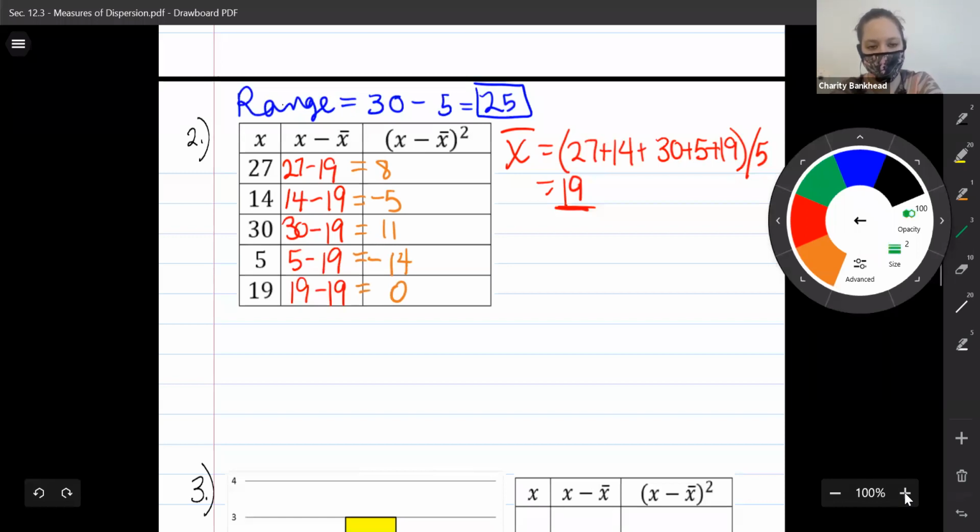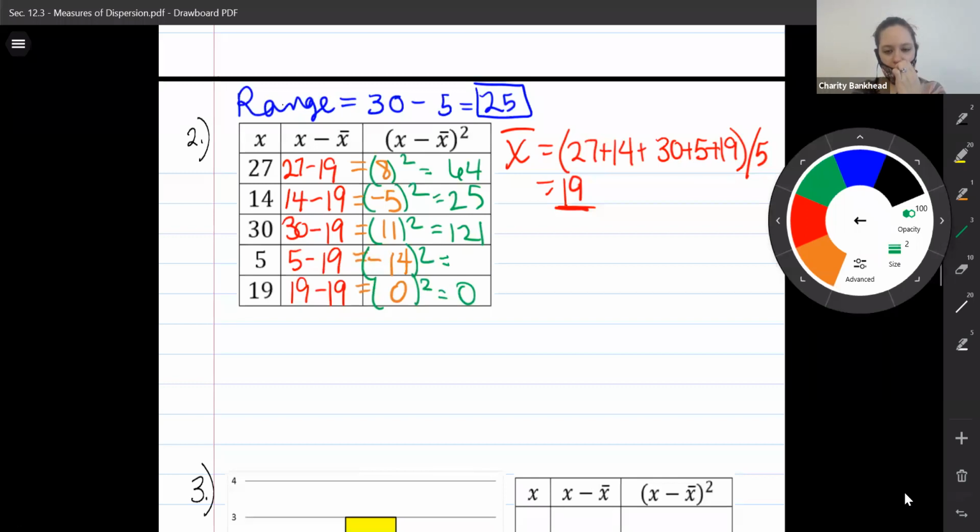And then we're going to square each of those. So that's going to be 64, 25, 121, and 196.